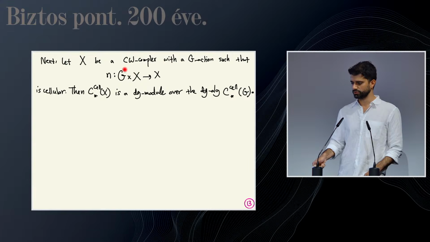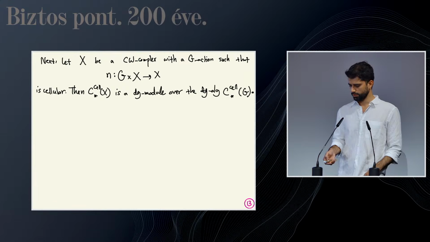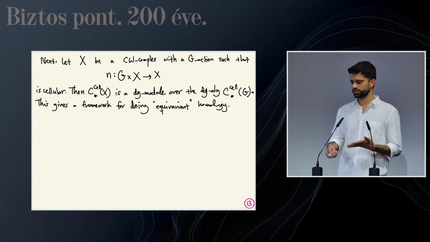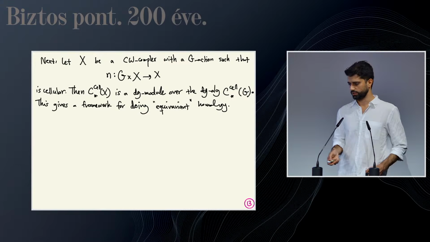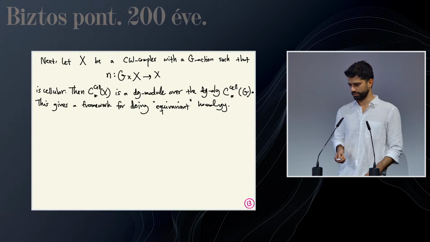The associated chain map would give us a DG module structure on X. It's a DG module over the DG algebra of your Lie group. So in particular, this would give you a framework for doing equivariant homology for spaces using the cellular chain model.